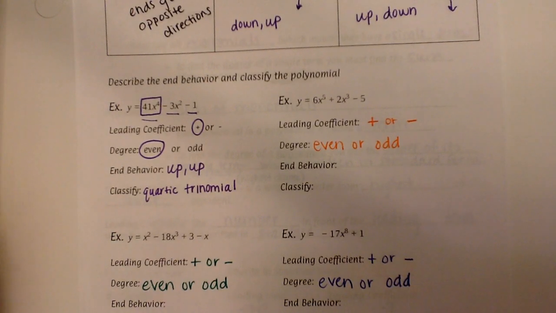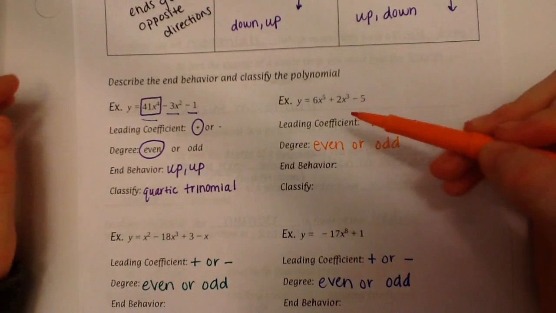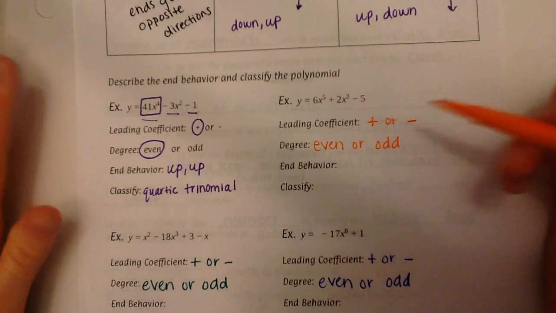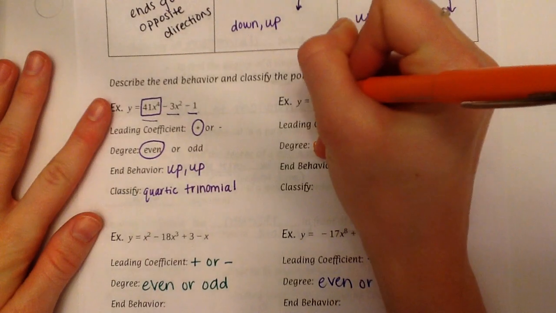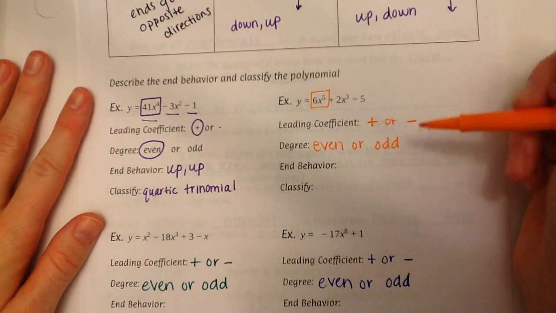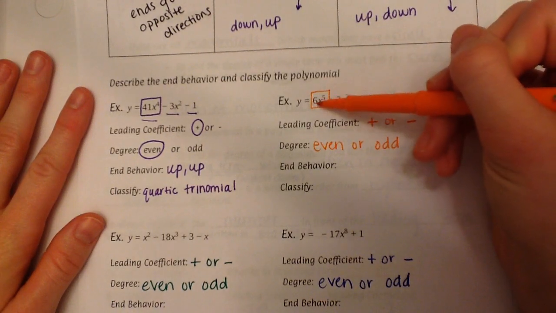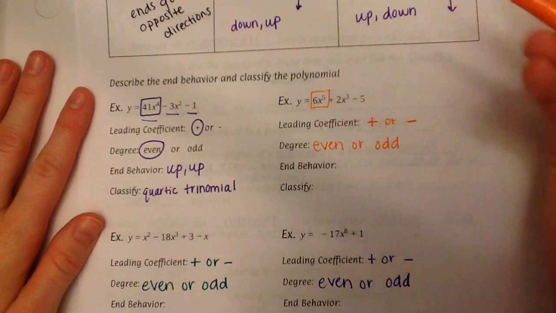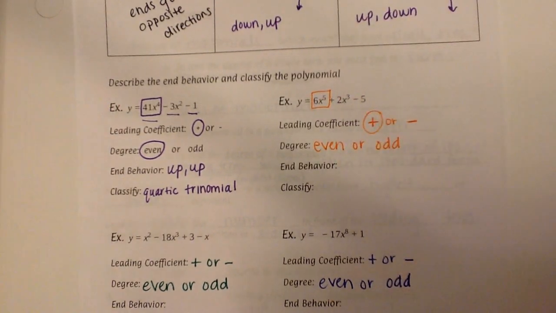Alright, next example. We have 6x to the fifth plus 2x cubed minus 5. Well, our leading term is 6x to the fifth. So our leading coefficient is the number in front of the variable, which is 6. Is that positive or negative? Well, that is positive.